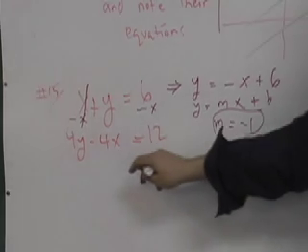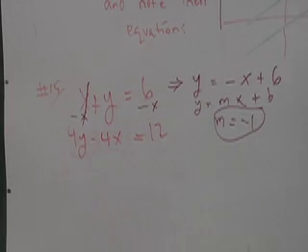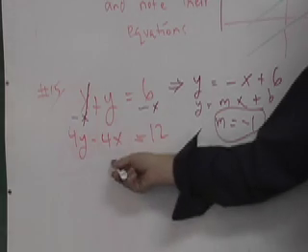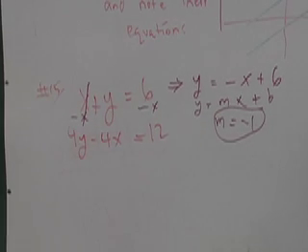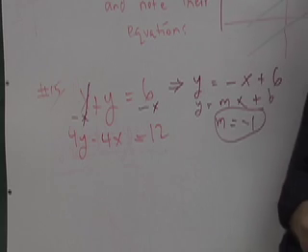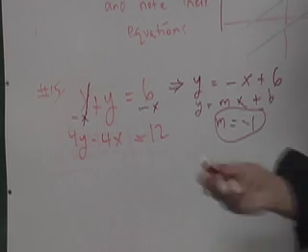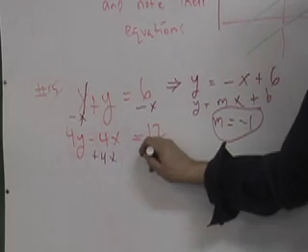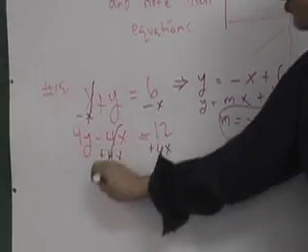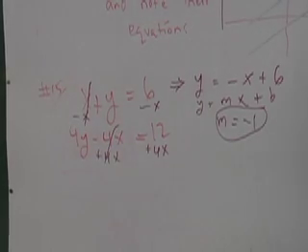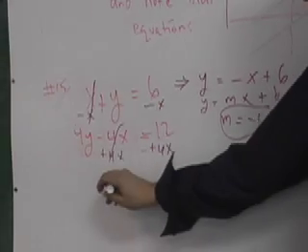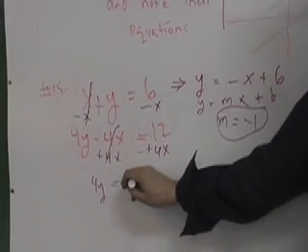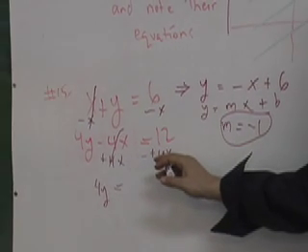All right, so 4y minus 4x equals 12. Jonathan, I have a hunch that you know what to do here. You add 4x to both sides. Good, that's a good start. And Bernadette, I have a hunch that you can continue from there. 4y equals, no, why would we have 6x?